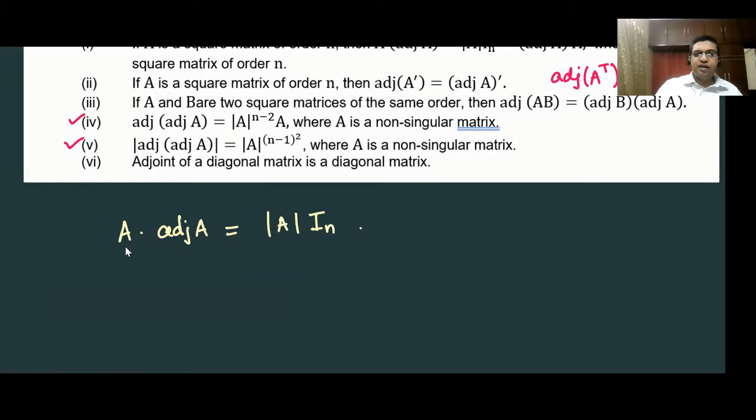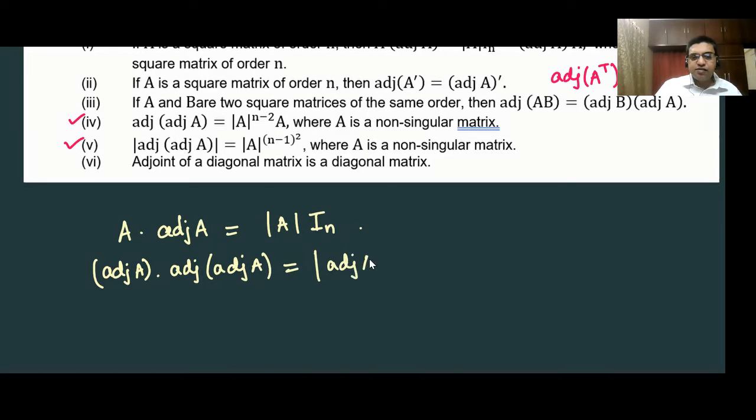Now let us replace A by adjoint A. So adjoint A times adjoint of adjoint A. So I'm replacing A by adjoint A. What do I get? I get determinant of adjoint A times In.